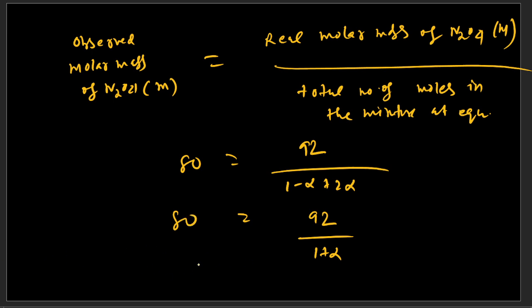So if you take it, then 80 plus 80 alpha equals 92. So this will be 80 alpha equal to 12.